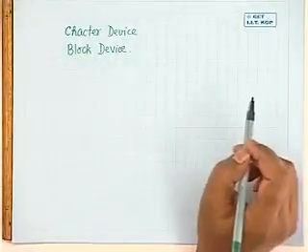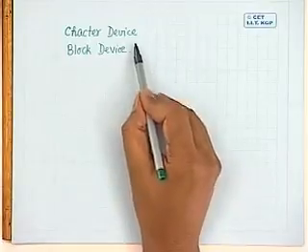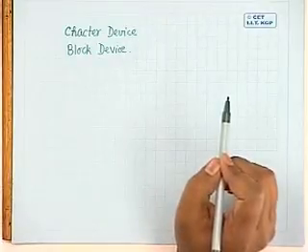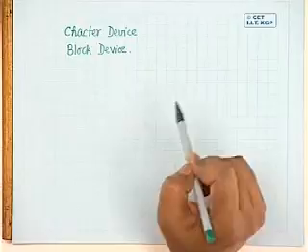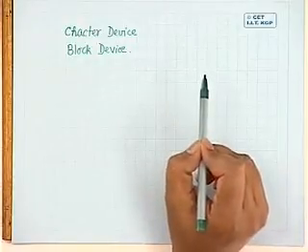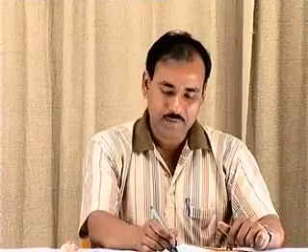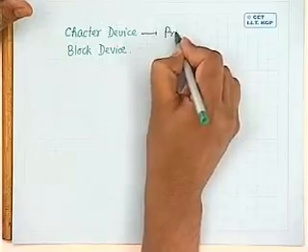The character devices are those where the data can be accessed character by character or byte by byte, or if we want to write anything into the device, we can write the data in the form of characters or in the form of bytes. Whereas in case of block devices, a single character or a single byte is not accessible. You have to access the entire block of characters or a particular block of data. So under these character devices, we can say that printer is a character device.